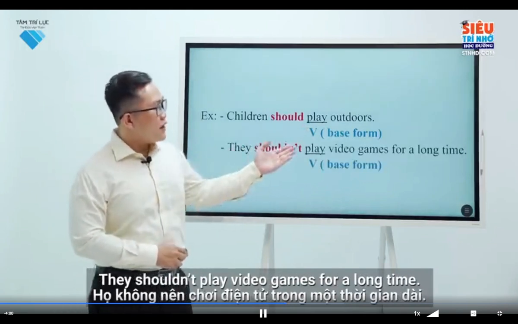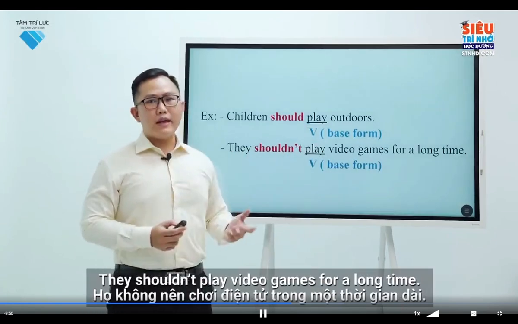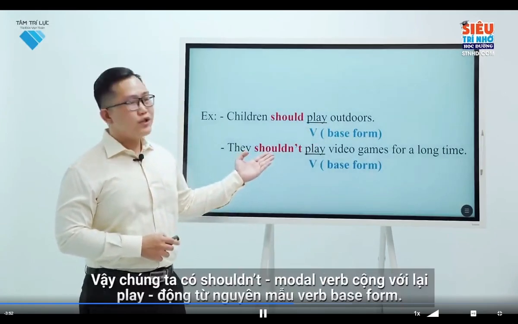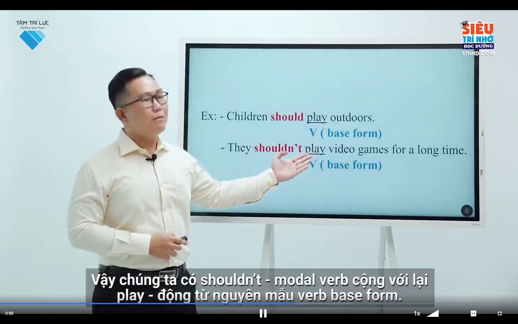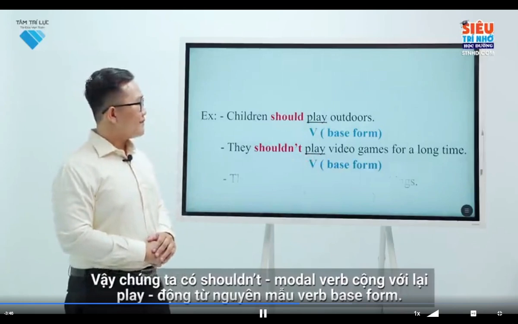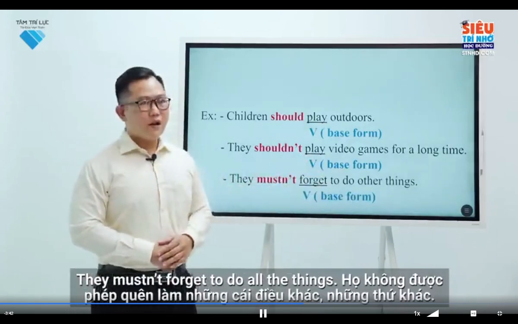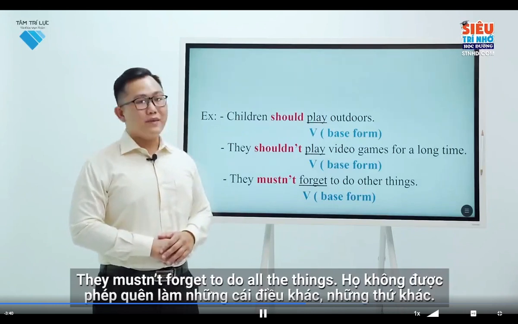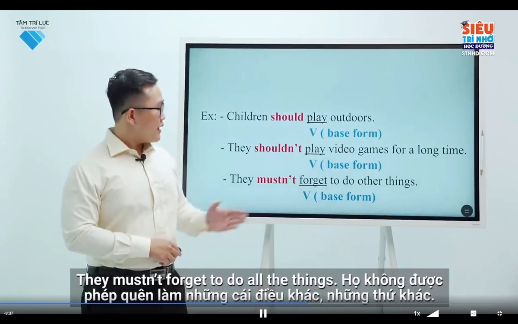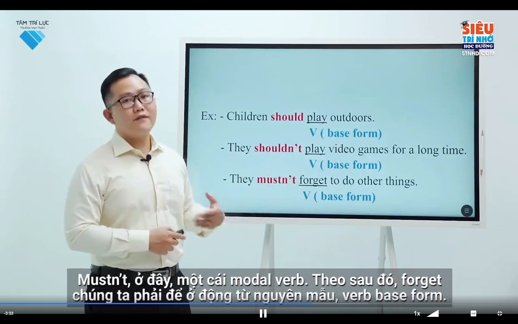They shouldn't play video games for a long time. So shouldn't, followed by play, an infinitive. They mustn't forget to do all the things. Mustn't, another modal verb followed by the infinitive, forget.